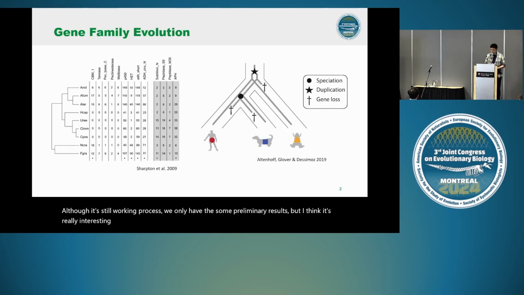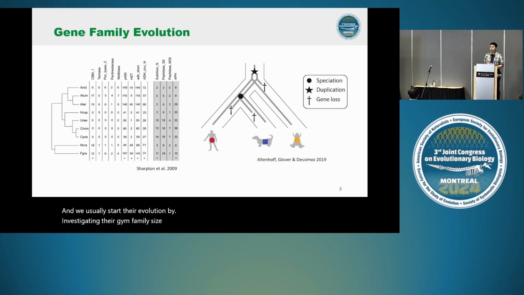To start with, gene families are defined as a group of genes descending from a common ancestor, and we usually study their evolution by investigating their gene family size variation.